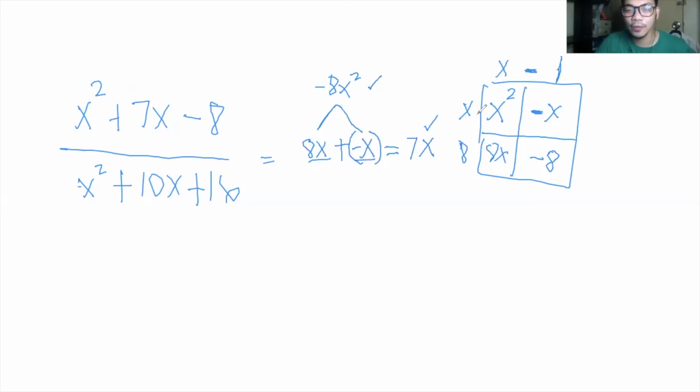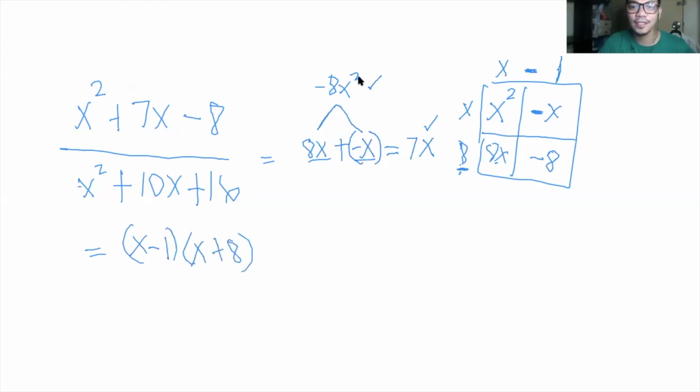A while ago here on x and on 8, because the nearest sign of this is positive, we get the positive sign. Negative is too far from our answer 8, so it will not be negative. Here, 1 is near negative, that's why it's negative. So the factors of the numerator are x minus 1 and x plus 8.